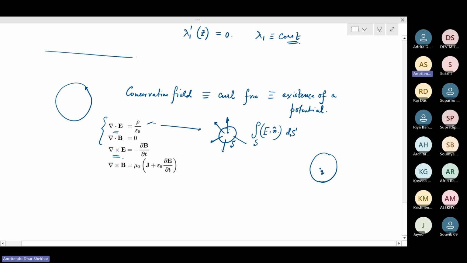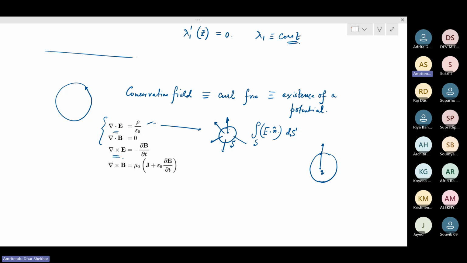Then at each point, by Coulomb's law, you have an electric field directed from the charge to the point at that place.